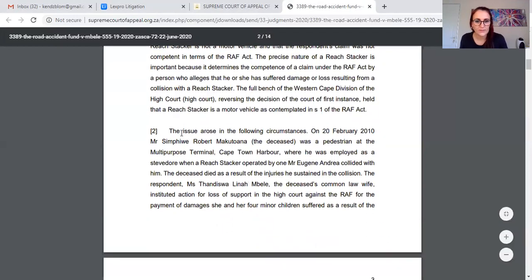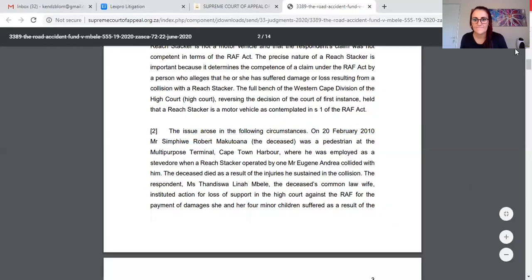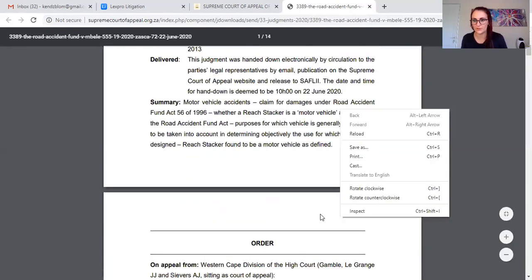It can tell me that an issue arose following these circumstances. This judgment can also tell me what the case number was and who the parties were. So this judgment can tell us lots of information.